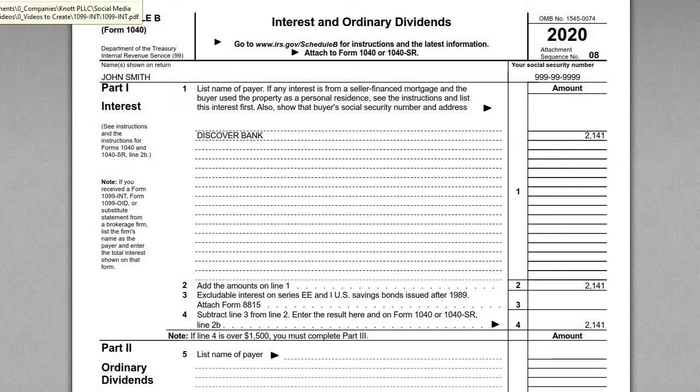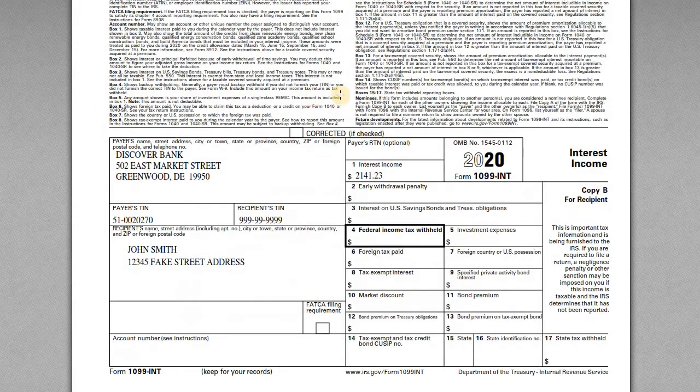So let's go back to the 1099-INT really quick. In this example, we have John Smith. He's being paid interest income on his savings account with Discover Bank. He earned quite a bit here, right? $2,141.23. You have the payer's TIN here, the recipient's TIN. Obviously, this is a fake name and TIN, but normally you're just going to see a field in box 1.